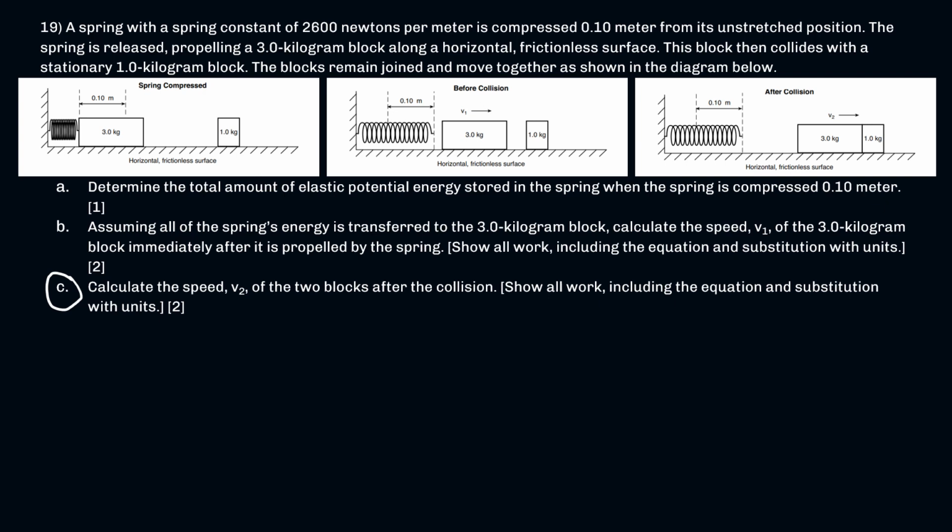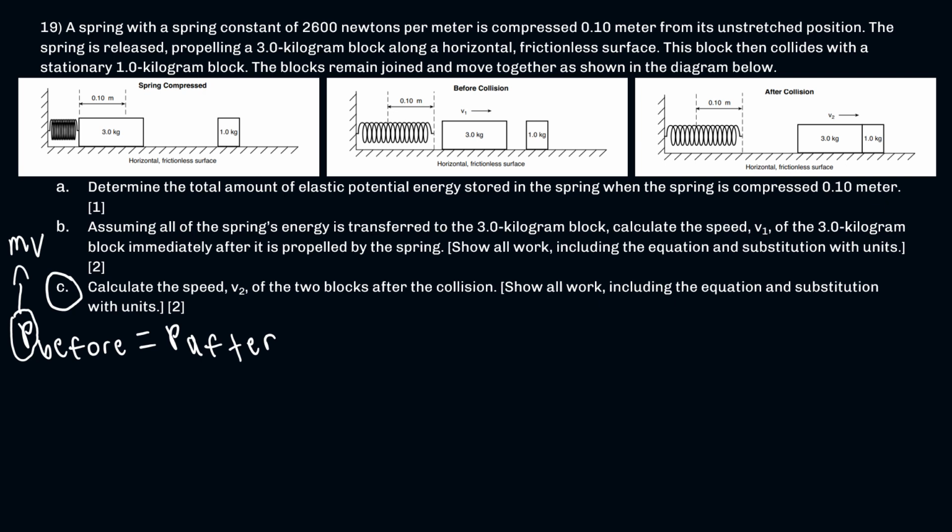So what is conservation of momentum on the reference table? It is going to be that P before equals P after. What is P again? P is momentum, and that is mass times velocity on the reference table.